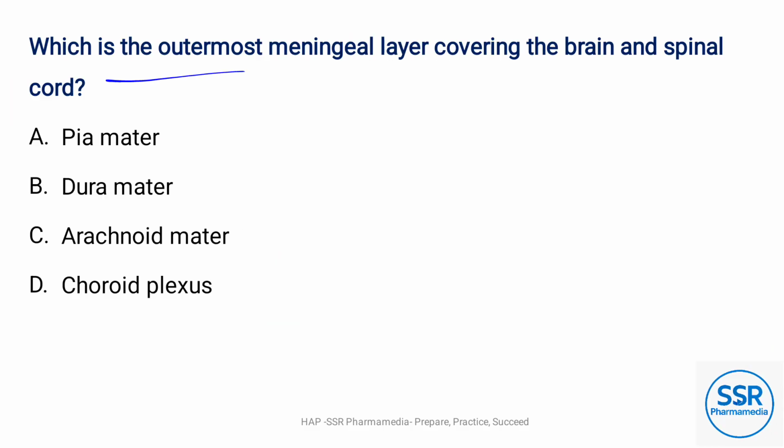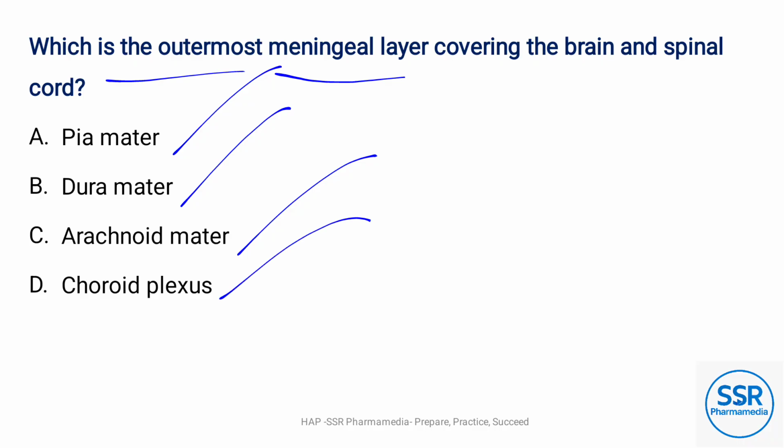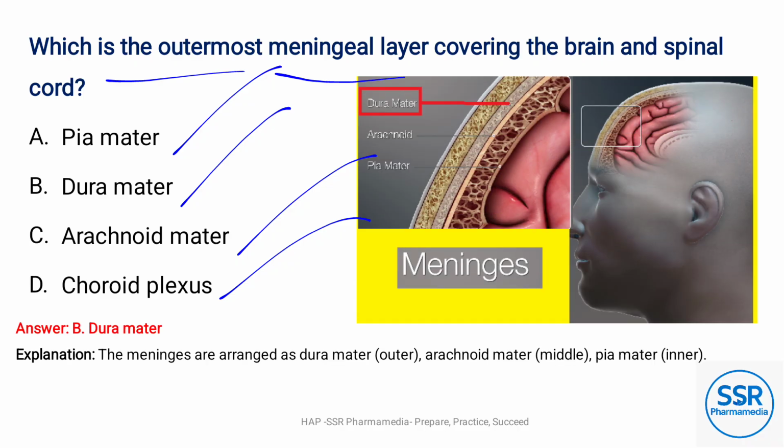Which is the outermost meningeal layer covering the brain and spinal cord? Option A, pia mater. Option B, dura mater. Option C, arachnoid mater. Option D, choroid plexus. The answer is option B, dura mater.